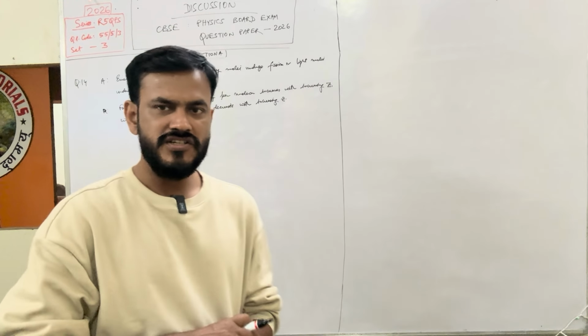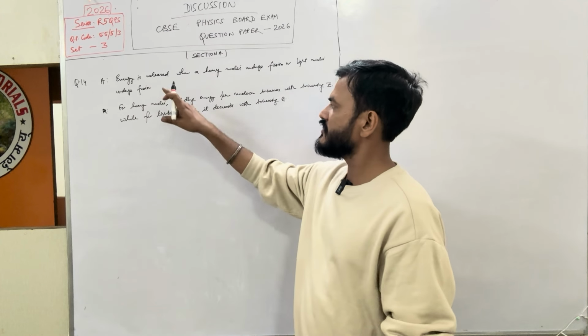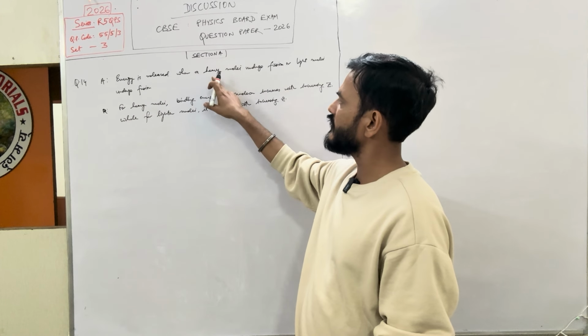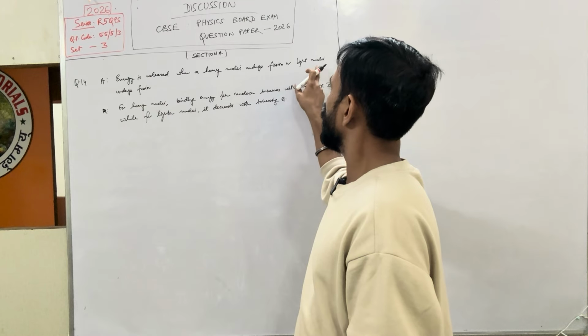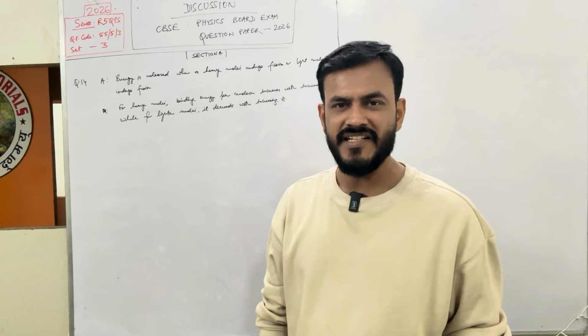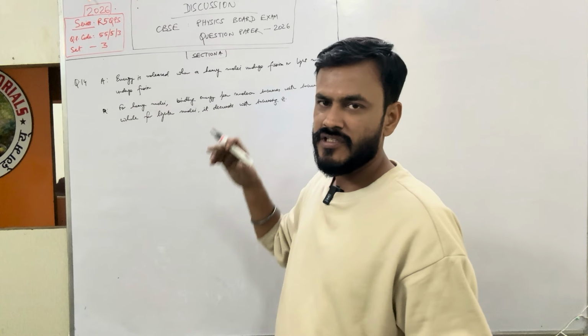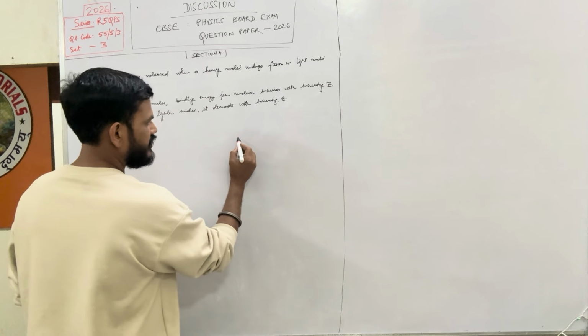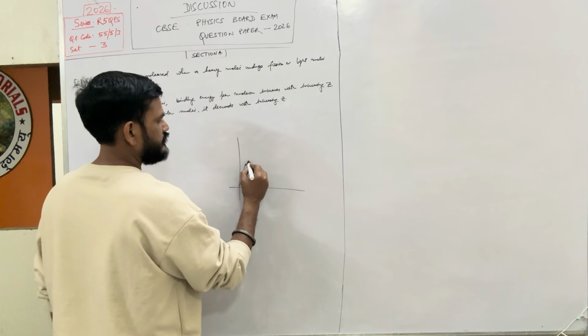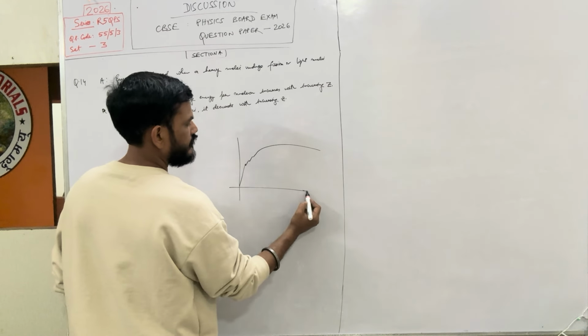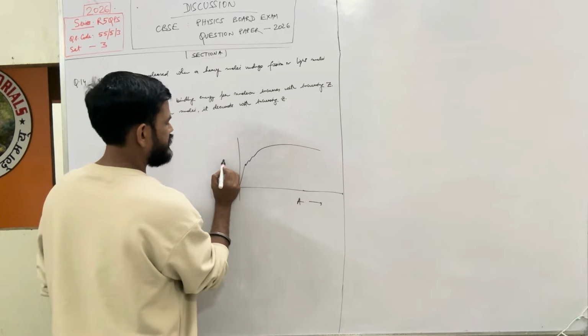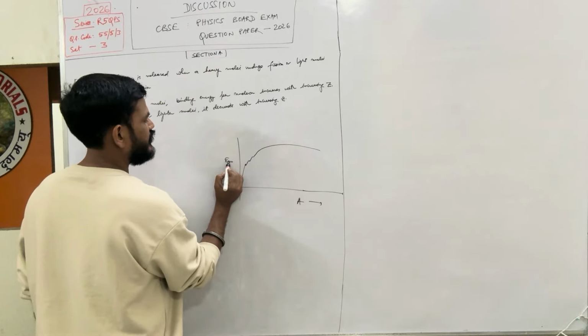This assertion reasoning question says, the assertion says energy is released when heavy nuclei undergo fission or light nuclei undergo fusion. That statement is correct, because if you see the binding energy curve, this is mass number and this is binding energy per nucleon.